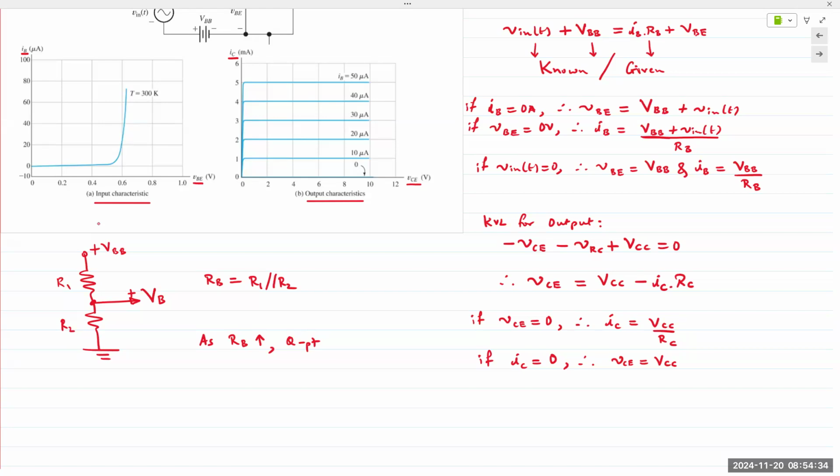So your biasing affects the Q point. As RB increases, the Q point moves down the load line, and as RB decreases, the Q point moves up the load line.